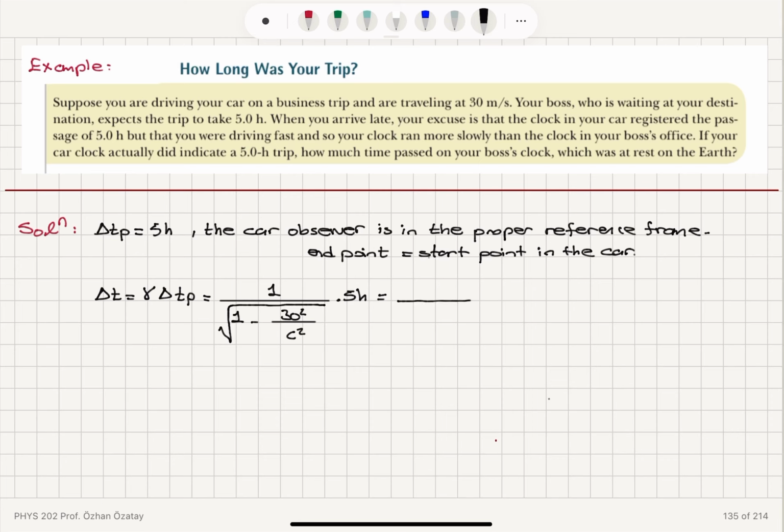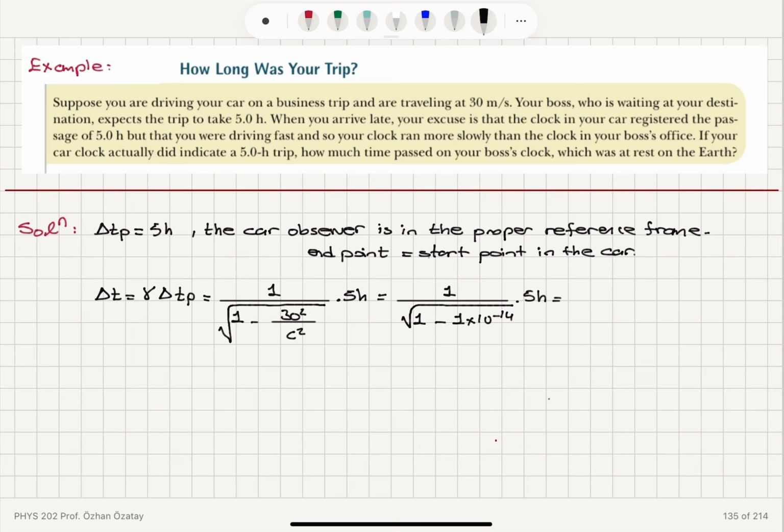Okay, so we will have a correction factor 1 over the square root of 1 minus 30 squared, which becomes 9 times 10 to the 4, over c squared, which becomes 9 times 10 to the 16. So this is 1 minus 1 times 10 to the minus 14, square root, multiplied by 5 hours.